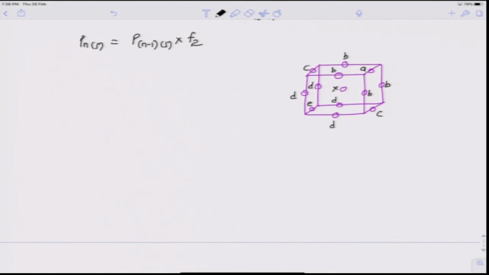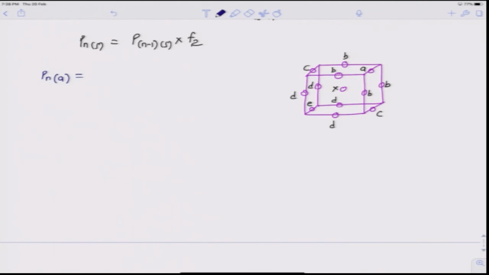So, we need to consider only those jumps of the vacancy which are onto the nearest neighbor of x. So, if we want to evaluate Pn of A, that is the probability that the vacancy after making n jumps will arrive at site A, then it is the probability that the vacancy, after n minus 1 jumps, will arrive at any one of the common nearest neighbor sites of x, and here the common nearest neighbors of A and x are 4 B type of sites.